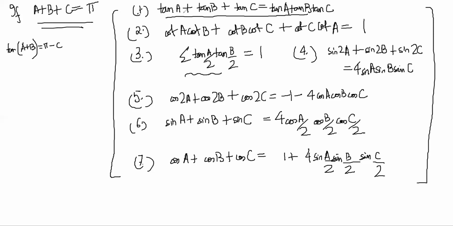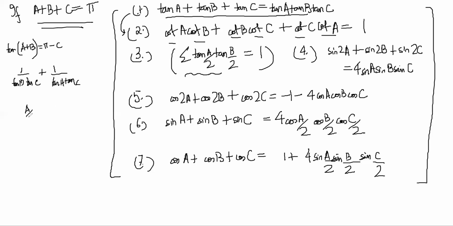What comes here? 1 by tan B tan C, plus 1 by tan A tan C. So that is cot A cot B plus cot B cot C plus cot C cot A is equal to 1, correct? Second one just directly follows from the first one.